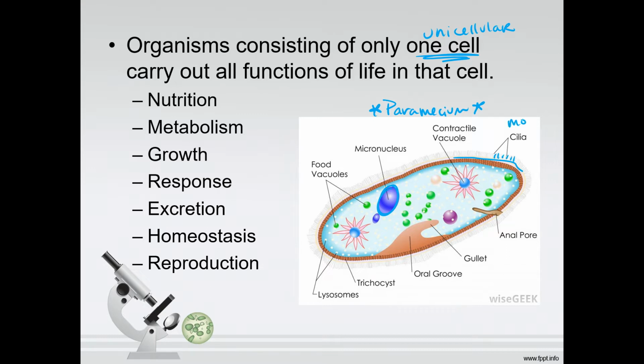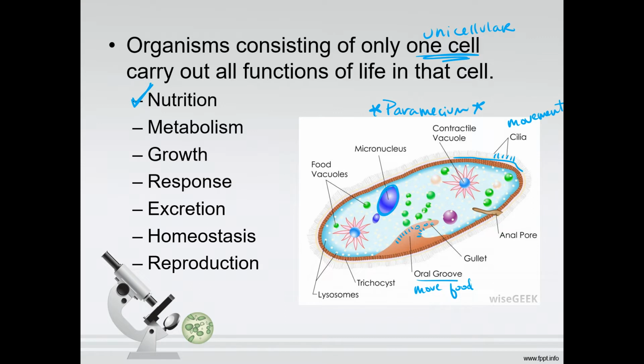These cilia are used for movement. It's got some cilia here and what we call the oral groove. And the cilia here help to move food down that oral groove. And so that's how paramecium carry out nutrition. How they get food into their cells is with cilia and these oral grooves.